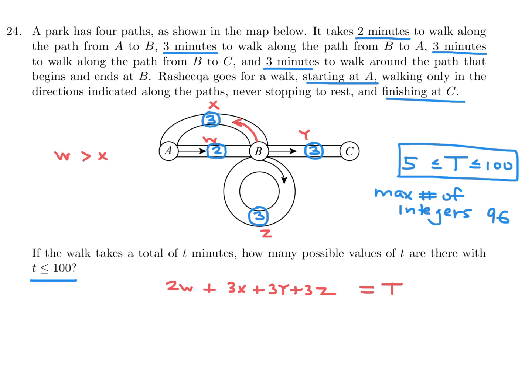If you go from A to B and then you come back to A, then it's equal, but you still have to go forward to B again. So you can't get stuck at A. So W has to be greater than X. And then also W has to be at least 1. X doesn't necessarily have to be 1. It could be 0. You don't need to take that path. But you have to take the path from A to B in order to eventually get to C. So W has to be at least 1.